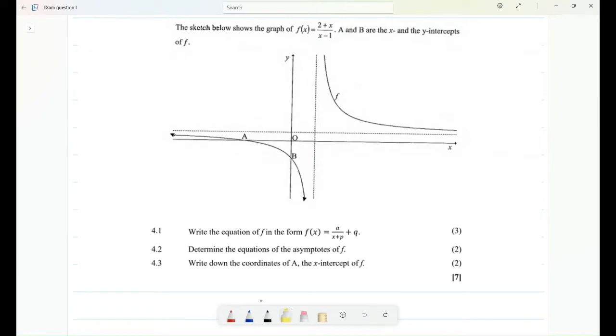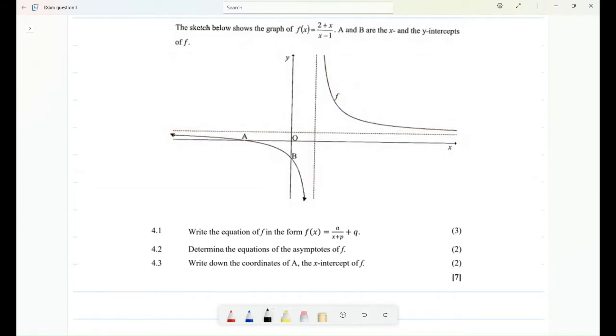So A is the x intercept, then B is the y intercept. We know how to calculate x and y intercepts. Then we see these are my asymptotes, and this is my function.